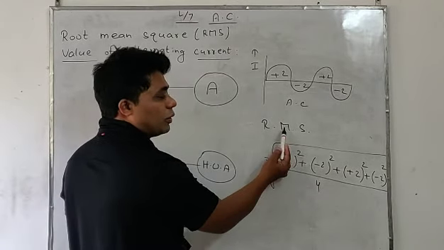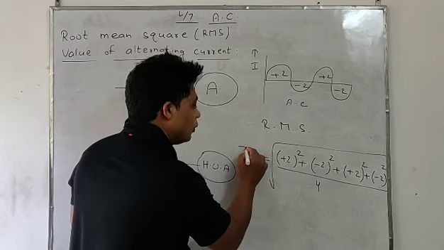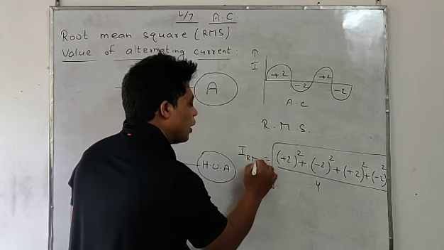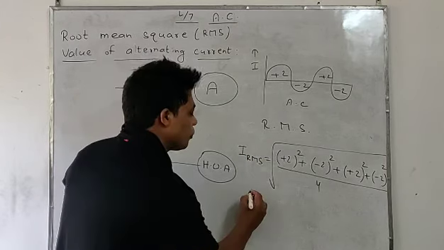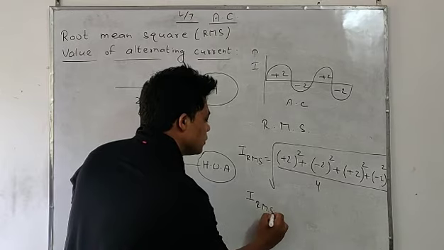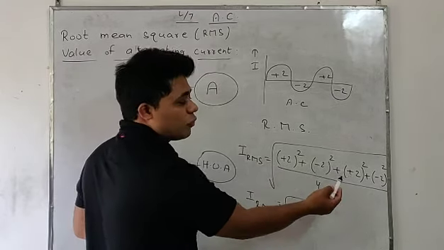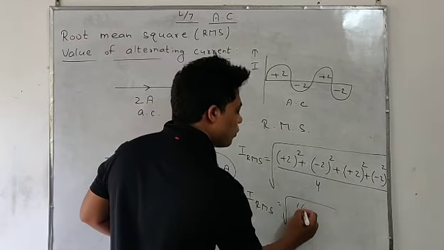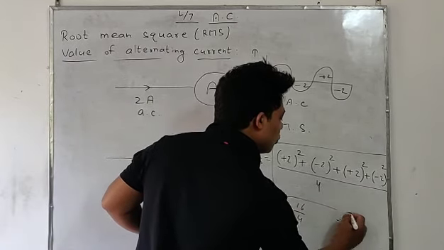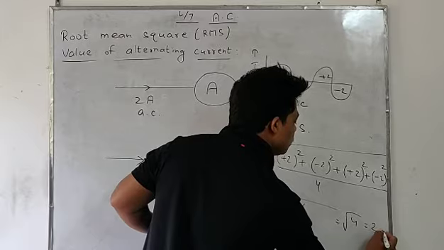First we did square, then mean, and then root. RMS value of current. So it will come as 2 square 4, minus 2 square plus 4, 4, 16 by 4, root 4 means 2.